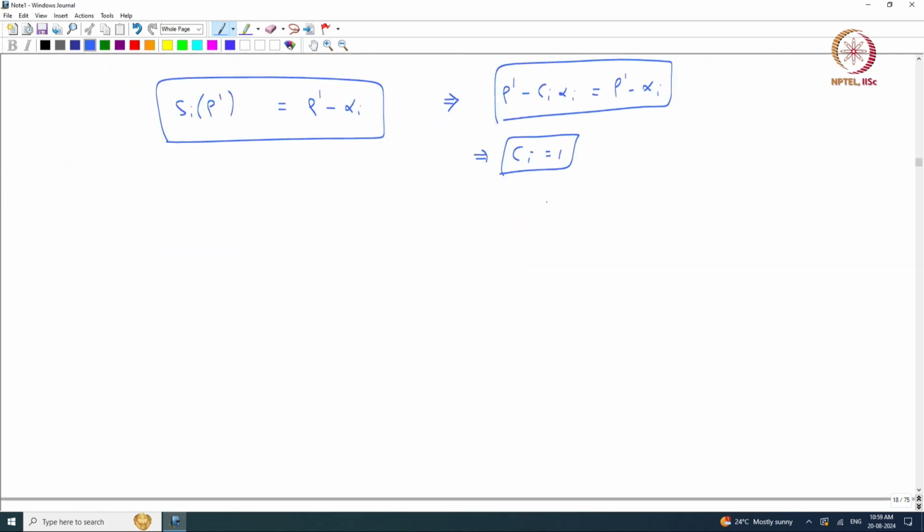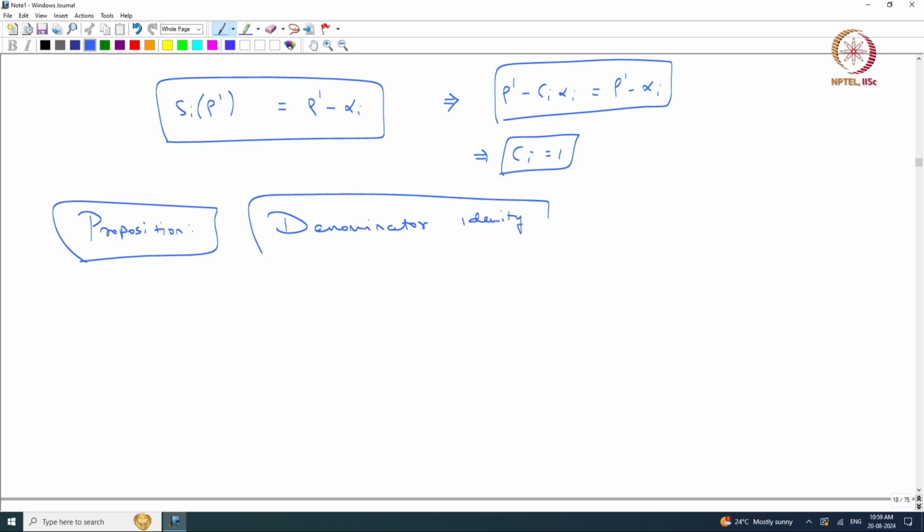So, indeed using this one can actually claim the following, which I will prove later. This is called the denominator identity. The proof of this will be given in the next class.